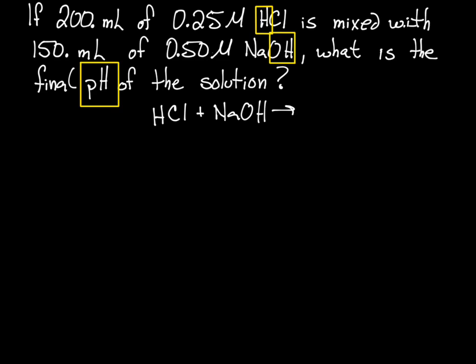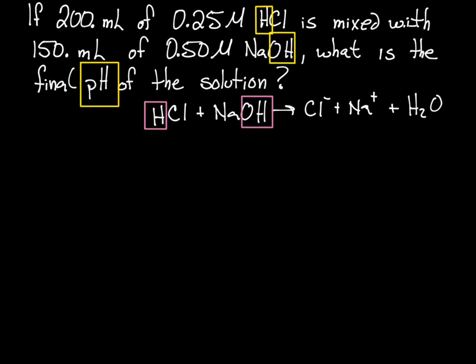So we're going to end up with Cl minus and Na plus, and we're going to have water. But are we going to have any H left over or OH left over? What we need to do is figure out how many moles of H there are and how many moles of OH there are, to figure out how much they reacted.